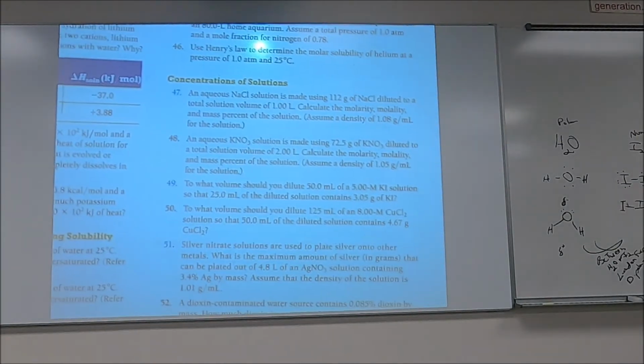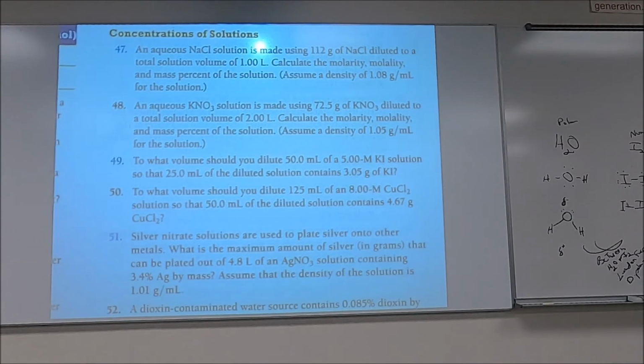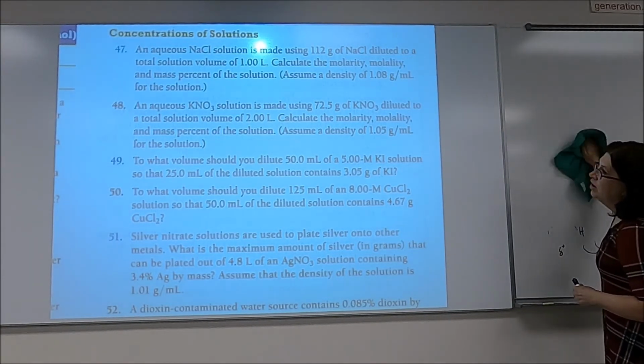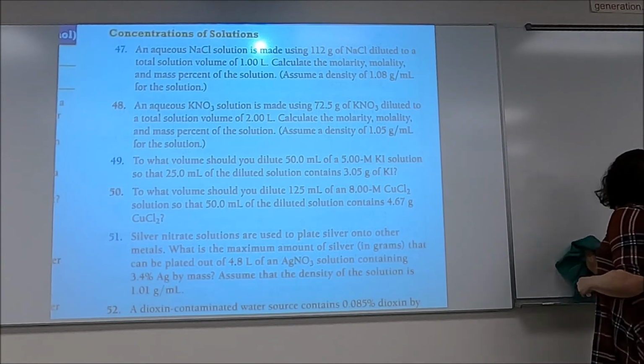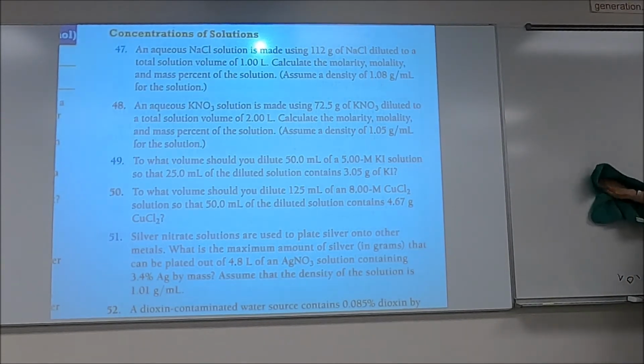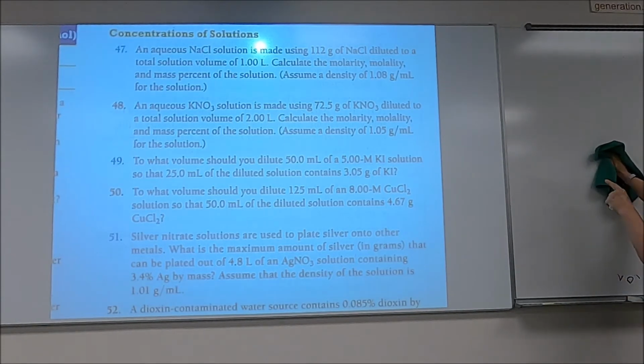Okay, this is our textbook. Let's look at problem 48 here. It says an aqueous potassium nitrate solution is made using 72.5 grams of potassium nitrate diluted to a total solution volume of 2 liters. It says calculate the molarity.